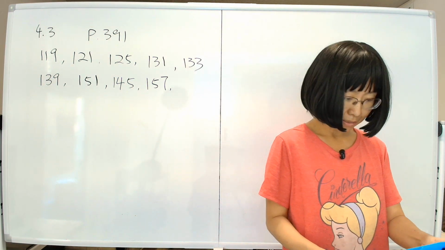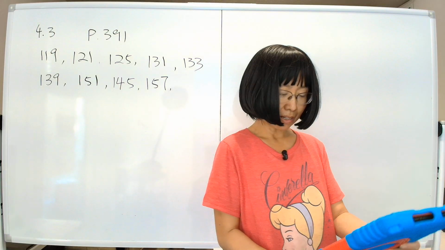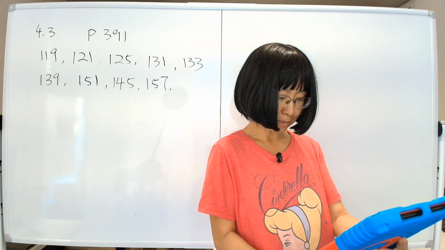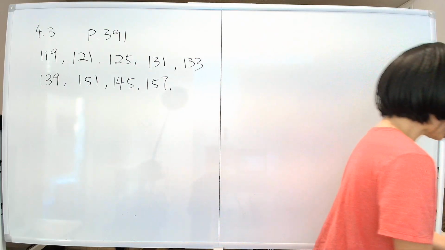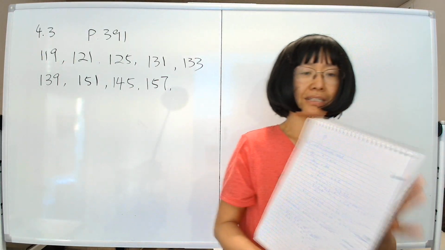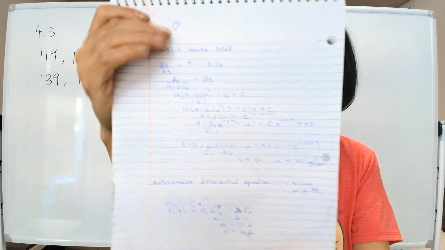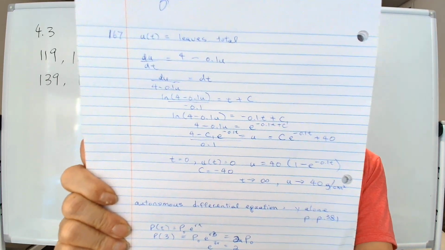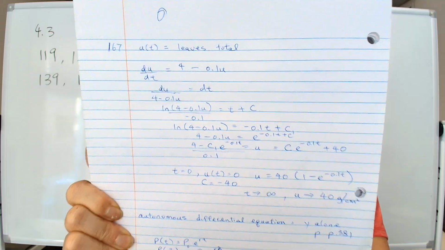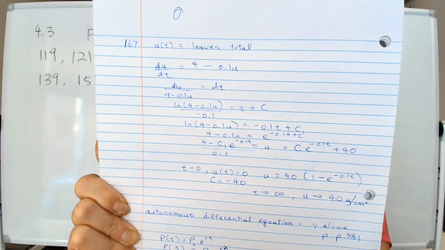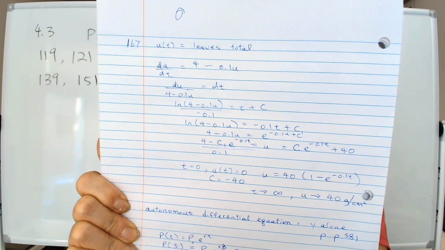So problem 167 says that leaves accumulate at a rate of 4 grams per year, and then they decompose at a rate of 10%. Like the book, this is the same as the tank problem, except now we're doing rotting leaves. So let's consider leaves. Let U of T represent the total thickness of leaves, right?